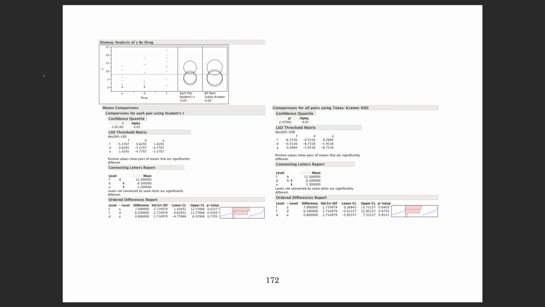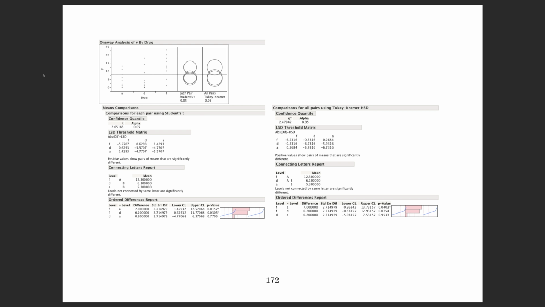You will see that on both the left and the right, of course, we can see the means for our 3 groups. So for the placebo, the mean is 12.3. For drug D, the mean is 6.1, and for drug A, the mean is 5.3.